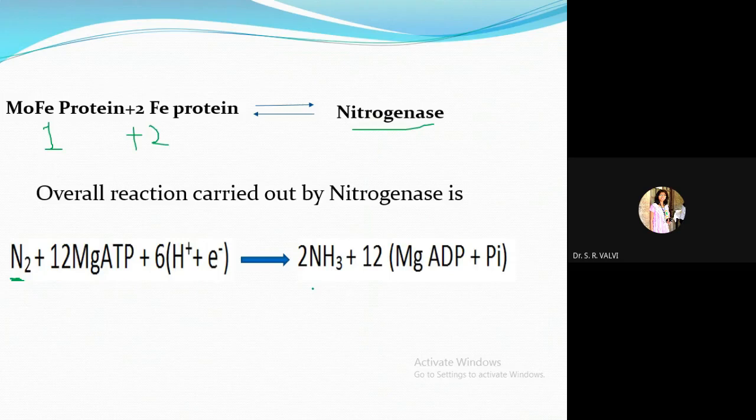Hence this ammonia should be converted immediately into the rest of the forms like NO2 or NO3. Getting? So ammonia should not remain as it is within the cell; it should be removed, or converted into nitrite or nitrate.